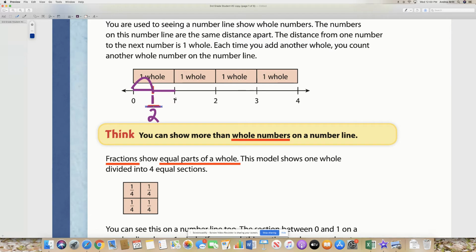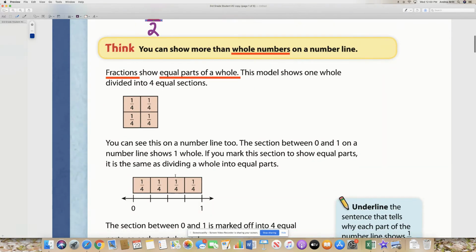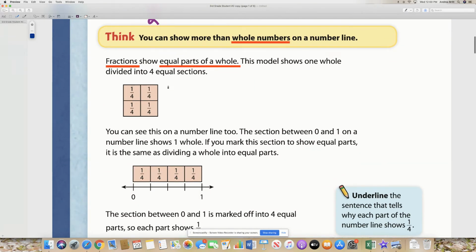The same thing can happen on another number line. In this case, this is a shape that we have divided into 4 equal parts. Each part is 1/4. I can take this whole shape and divide it into fourths, or I can take a number line and start at 0 and go to 1, and break it up into 4 equal parts, and then each part is 1/4.